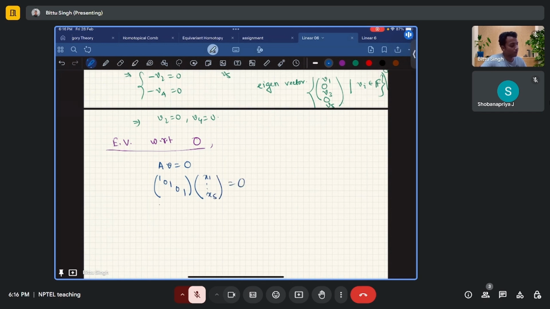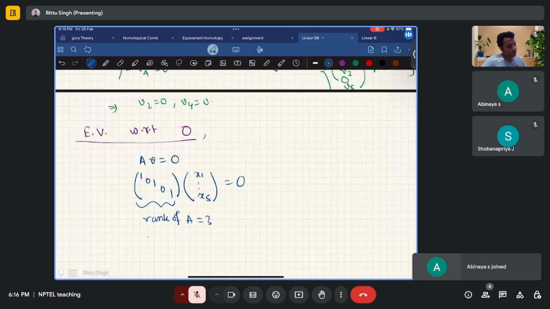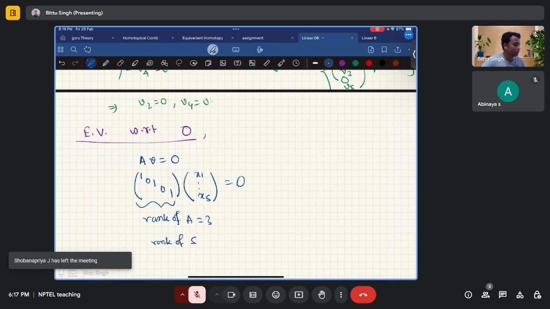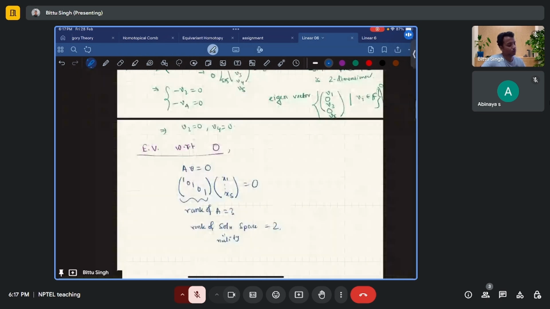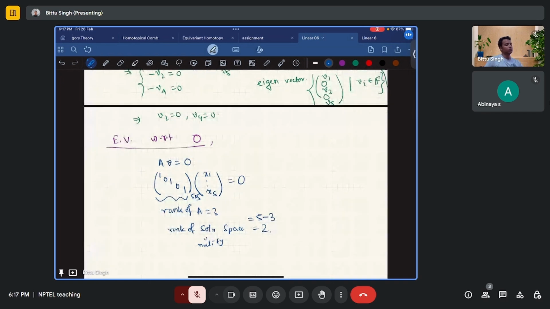So clearly rank of A equals 3. So the nullity, or rank of the solution space, is actually 2, right? Because this is a 5 by 5 matrix, it is simply 5 minus the rank of the matrix. So the rank of the solution space is 2.